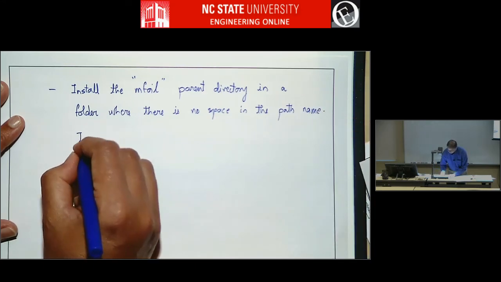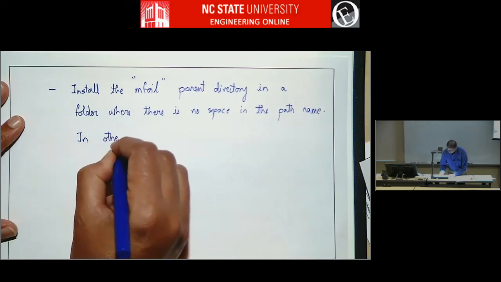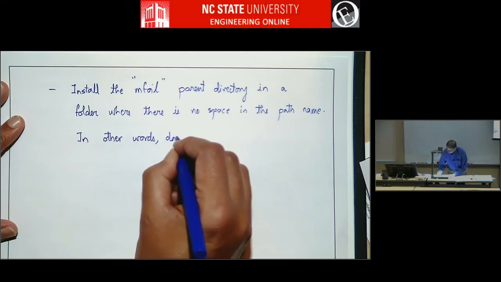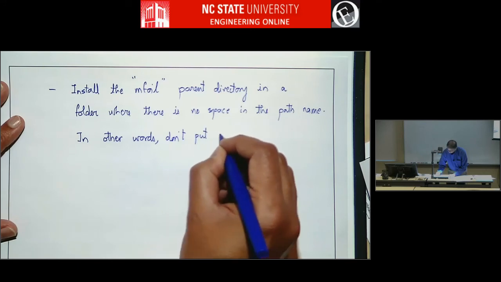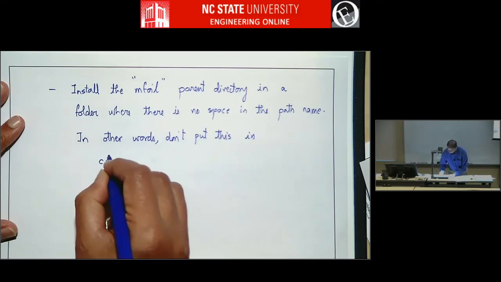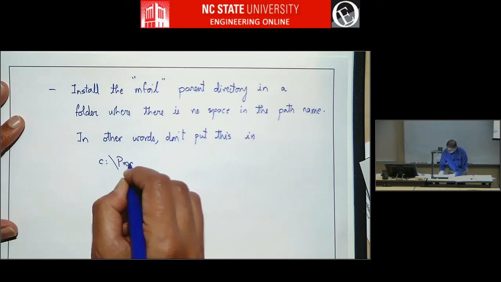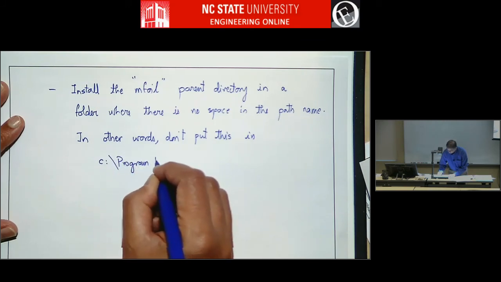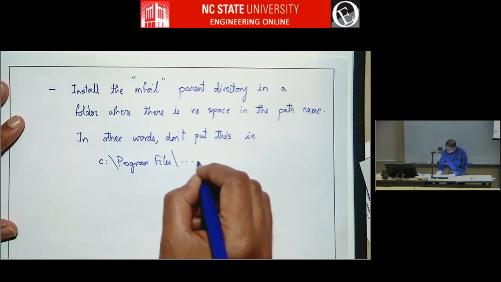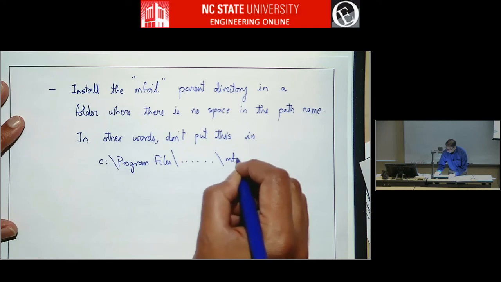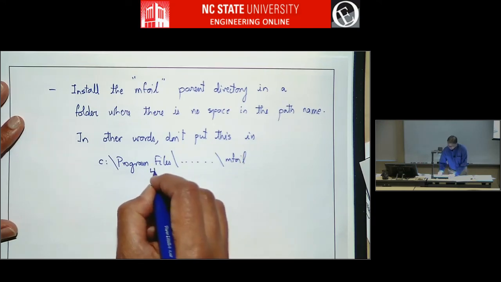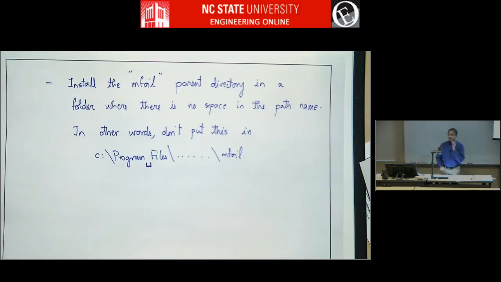so in other words, don't put it like here. So you'll have C:\program files, backslash, you might have all kinds of things, and then you put mfoil, right? Now remember, this is what I mean by saying this is about 20 years old.